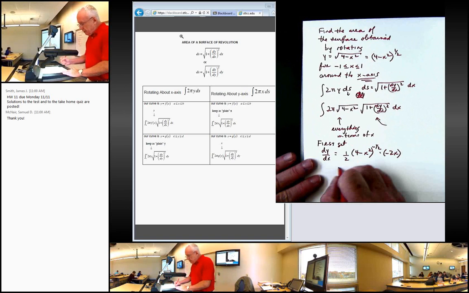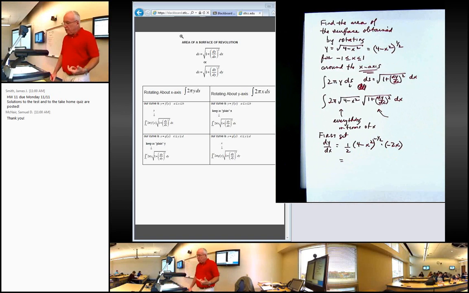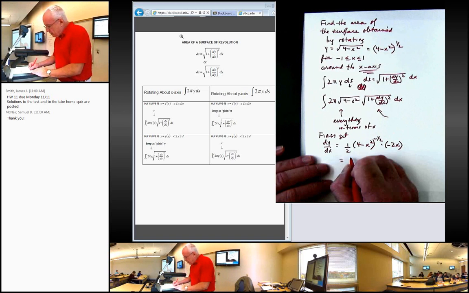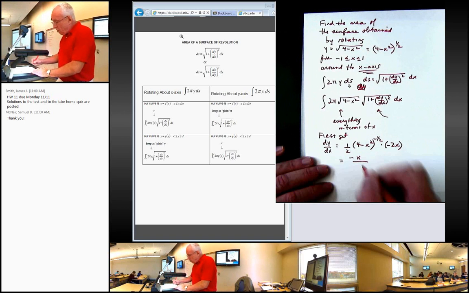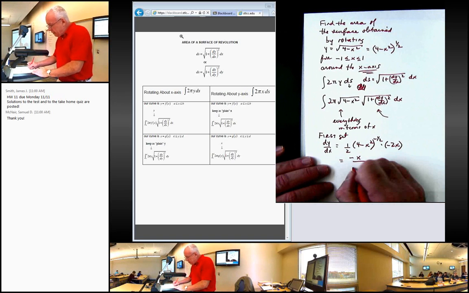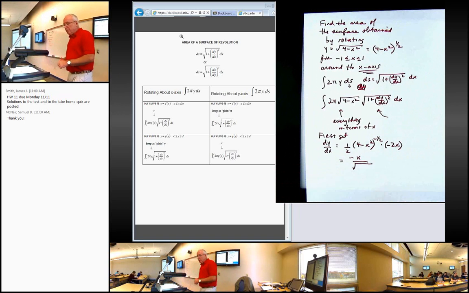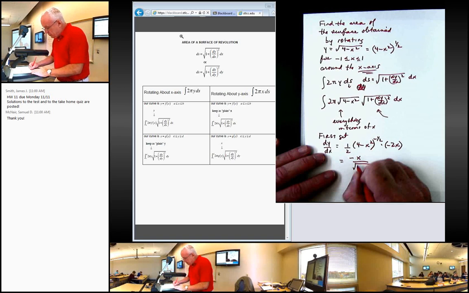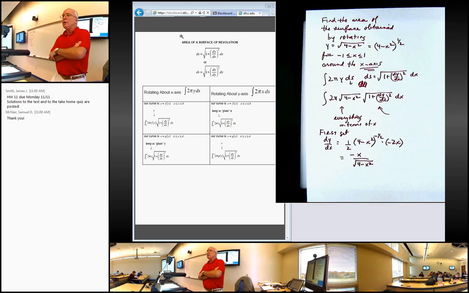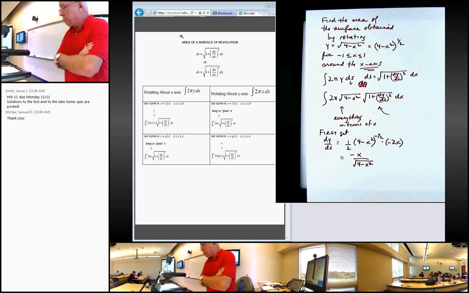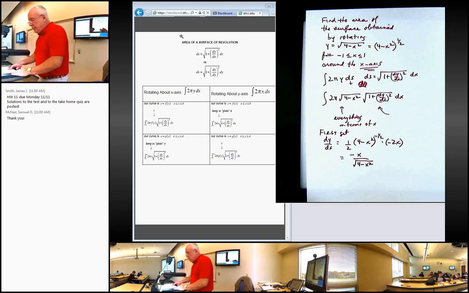So let me simplify this. We've got 2's that are going to cancel out, so I'm still left with a negative x, and then I'm just going to put this in the denominator. It's a negative 1/2 power, so I'm going to put it back as a radical over the square root of 4 minus x squared. Okay. So that's my dy/dx.